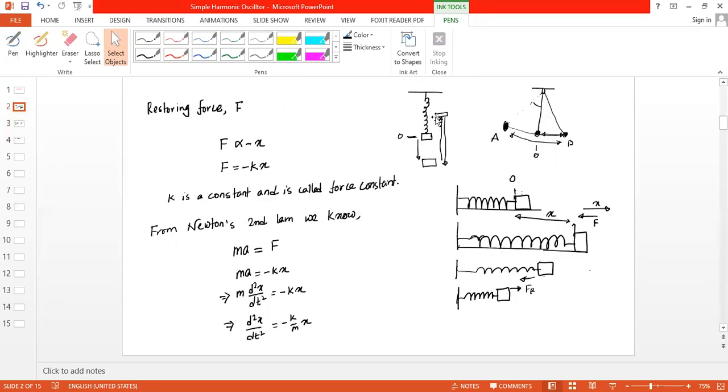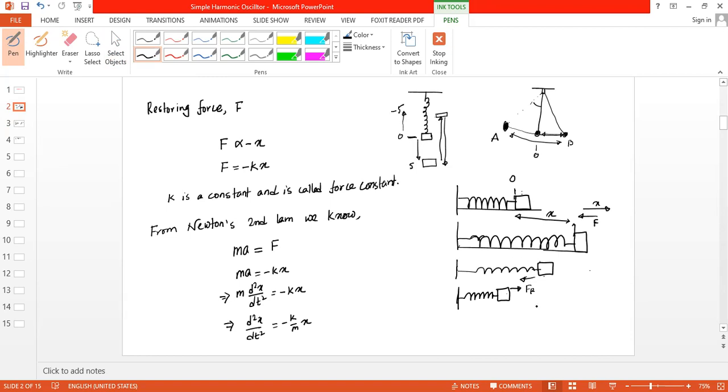Let's say I consider this as the initial position 0, and let's say that the maximum displacement is 5. So it goes from 0 to +5 in one direction, and then it goes back to 0, and then it goes to the opposite direction. Let's say downward is positive and upward is negative, then say -5. So it moves from +5 to -5.